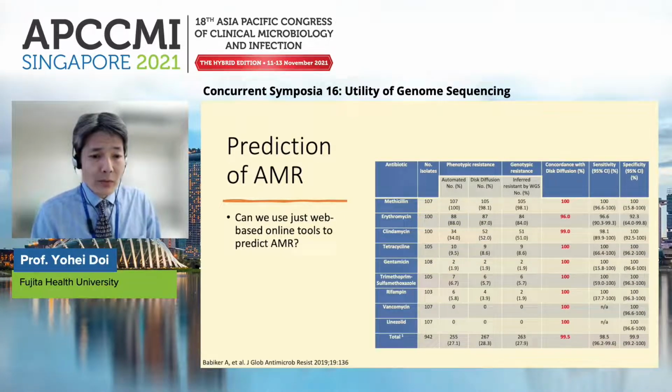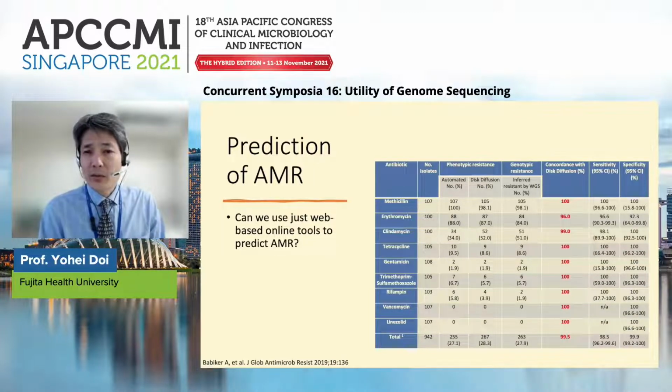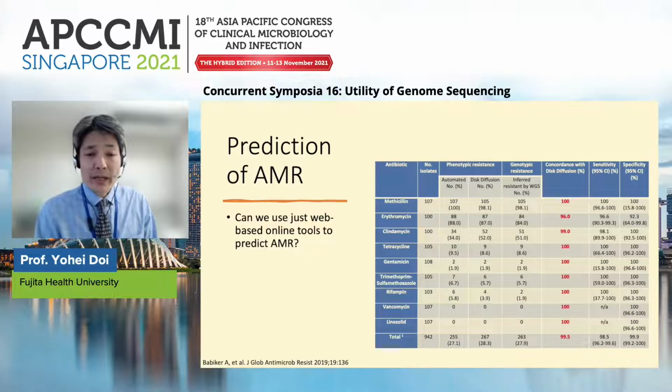Here's an example of work around prediction of AMR. This was done by our previous ID fellow, Dr. Babikar. His question was, can we use just web-based online tools to predict AMR?